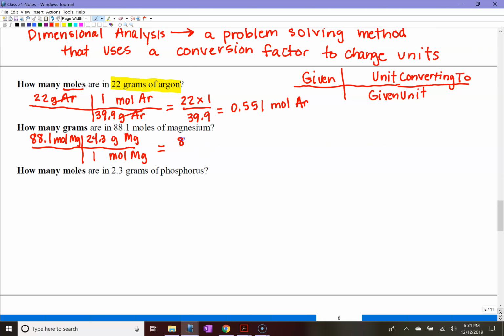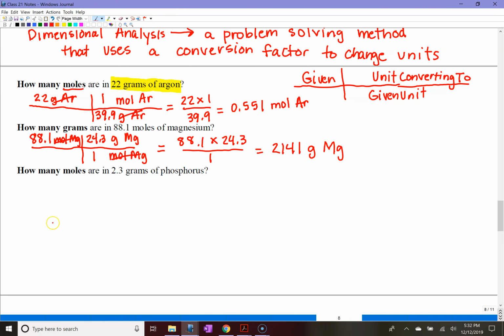And so I'm going to do my math. 88.1 times 24.3 divided by 1. And that's going to give me 2,141. My moles of magnesium have canceled out, and so I'm left with grams of magnesium.